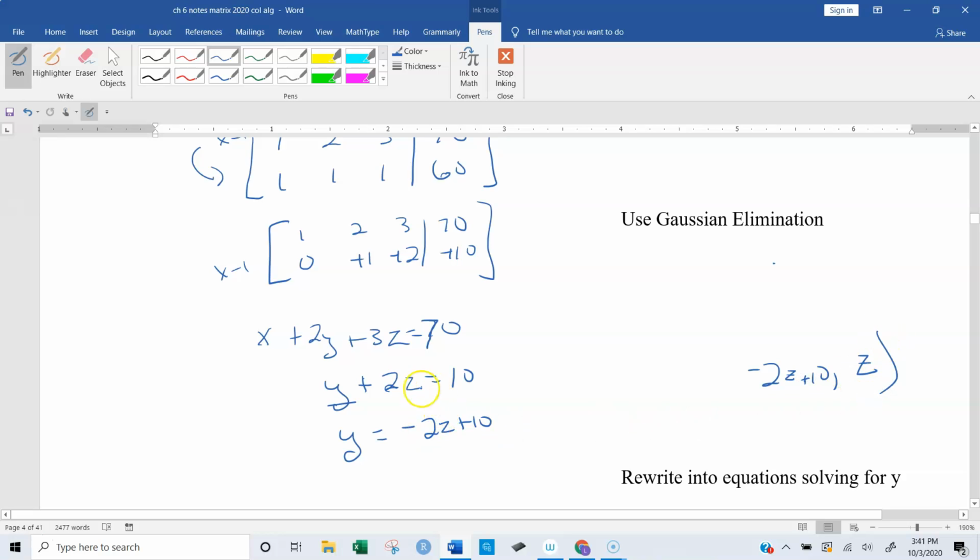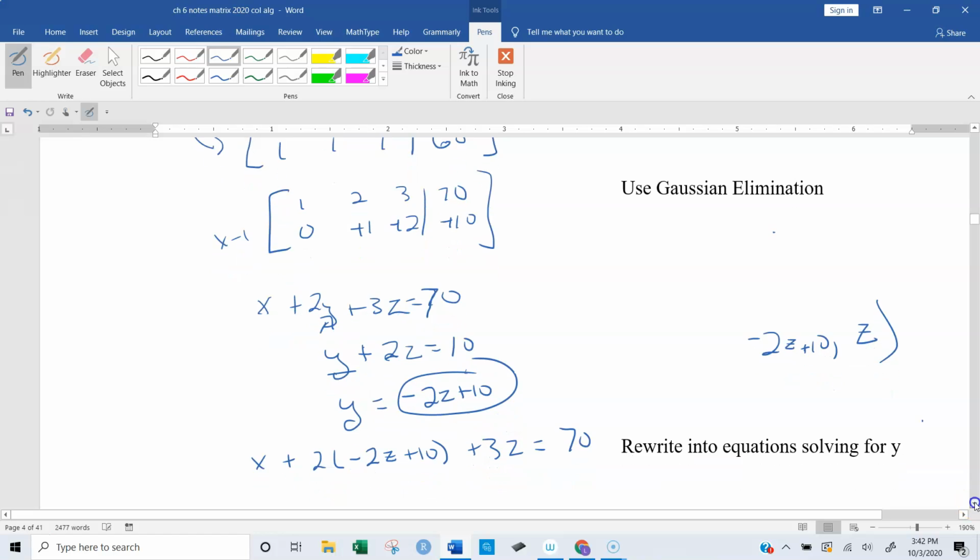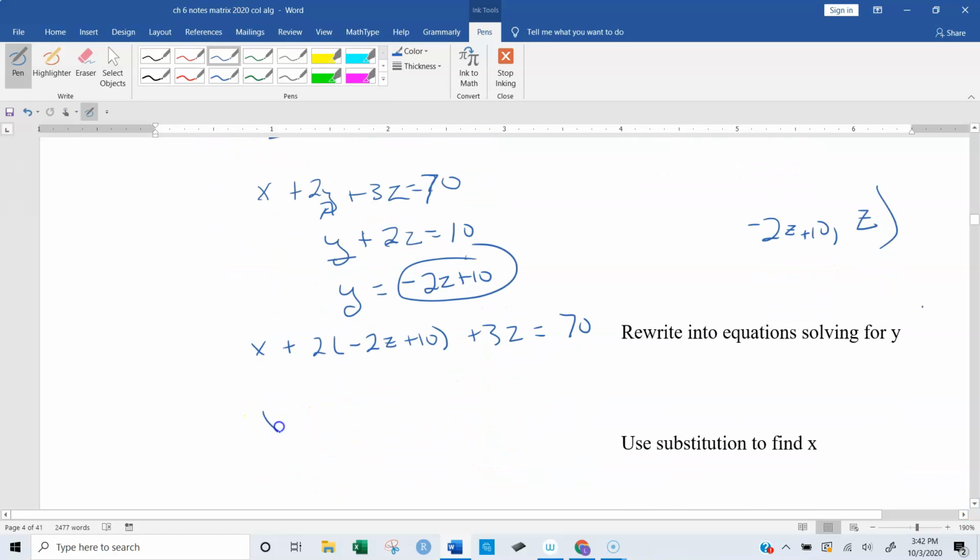Now we've got to find x. So I'm going to take this and substitute it in up here. I'm going to take x plus 2 times what y is equal to: negative 2z plus 10 plus 3z equals 70. So now let's solve that. x minus 4z plus 20 plus 3z equals 70.